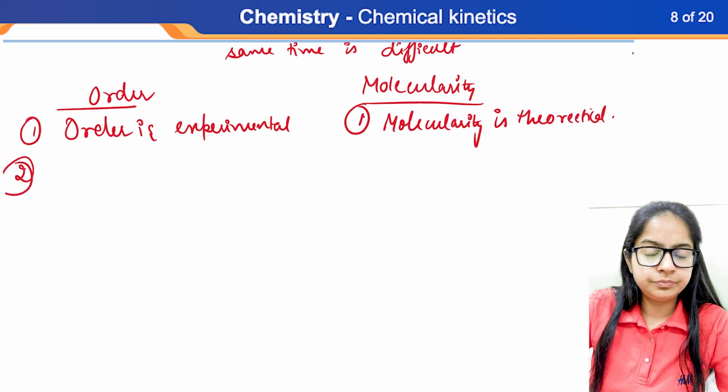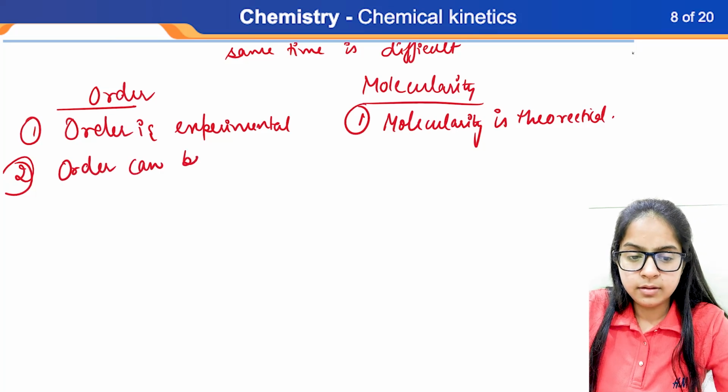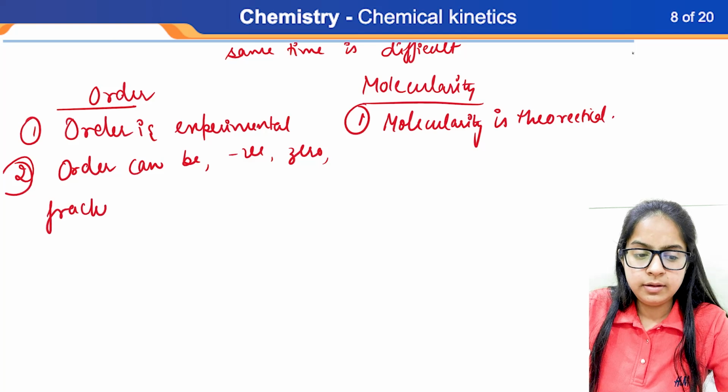Second one: order can be negative, zero, fractional, or integer.